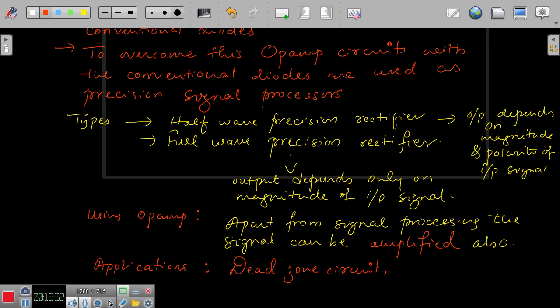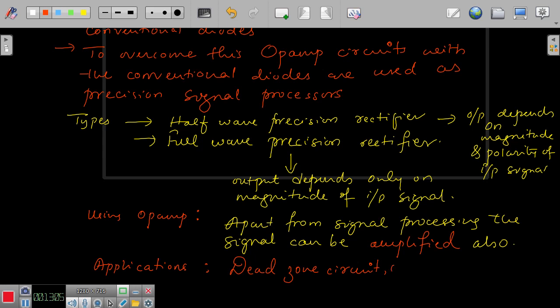As the name itself indicates, dead zone means no operation is being done there, right? If you look at your microcontrollers, it is very similar to your NOP operations, no operations. In order to kill a certain time, you use the NOP instructions. Similar to that, it is an analogy, there is no one-to-one correspondence. So in a dead zone circuit, for a particular period of time, you are not supposed to get any output. After that, your output should be as desired by you, depending upon the circuit configuration, right?